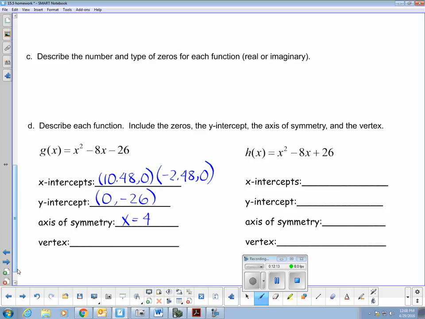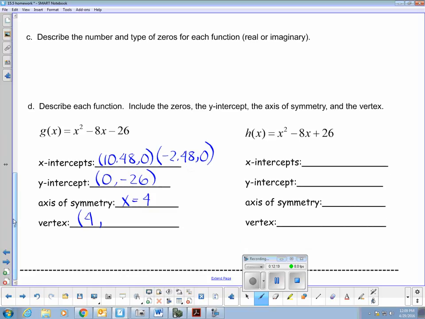And to find the vertex, I know my vertex has an x value of 4. So I'm going to go ahead and plug in 4 into my original function to find the partner that goes with positive 4 for x.